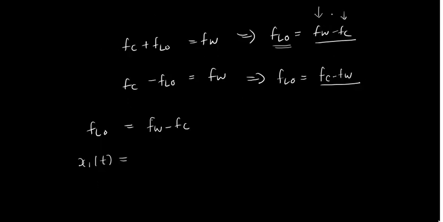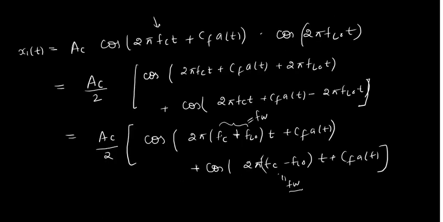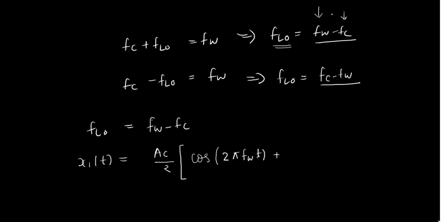So our X1(t) will be Ac by 2 cos of 2 pi Fw t plus the phase term. This is the first cosine.